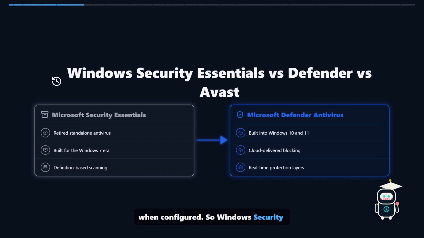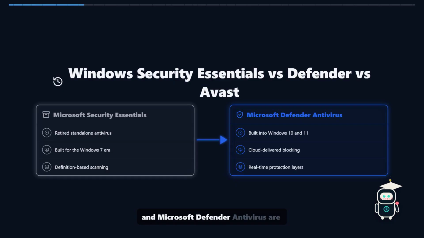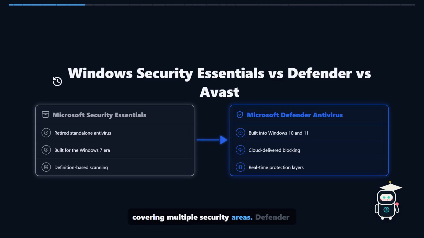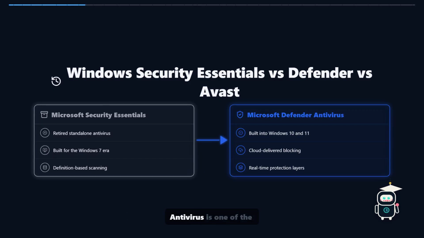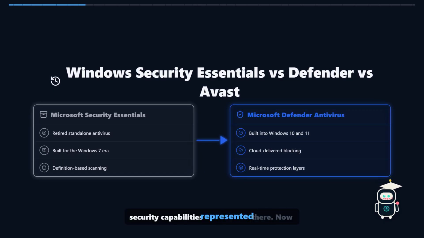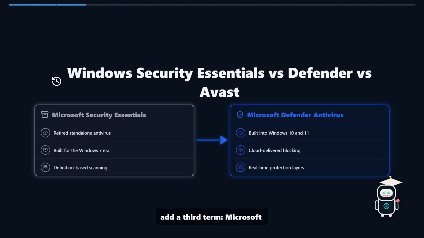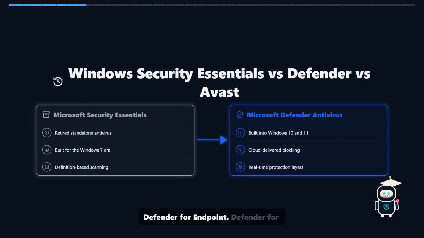So Windows Security and Microsoft Defender Antivirus are not exactly the same thing. Windows Security is the interface covering multiple security areas. Defender Antivirus is one of the security capabilities represented there. Now add a third term, Microsoft Defender for Endpoint.